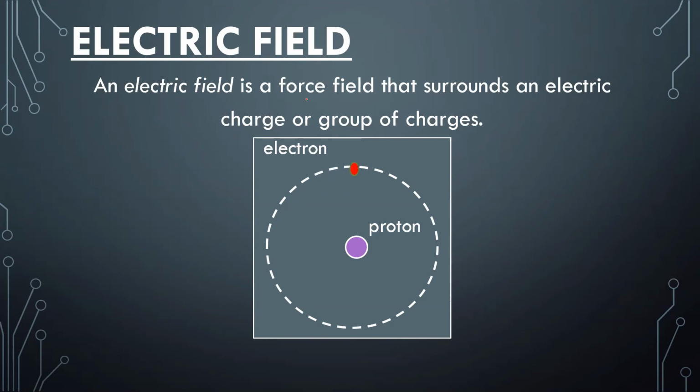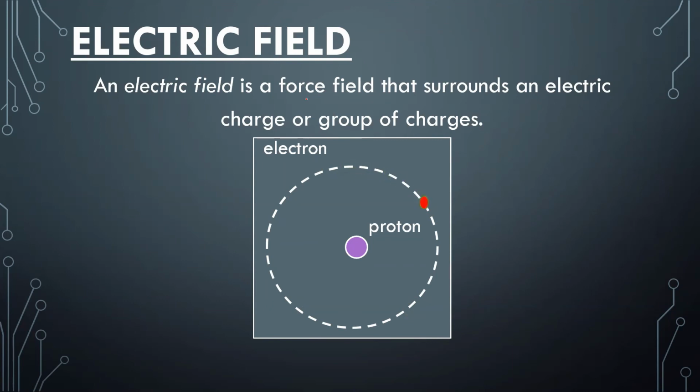It will revolve around the proton since there is an electric field that separates the electron and the proton. But they are attracted to one another, so this electron is being moved, it will revolve around the proton because of the force of attraction to the proton.